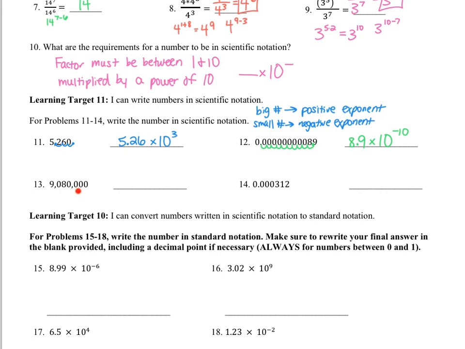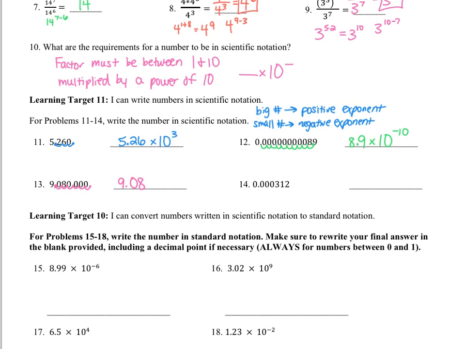Number 13 is another big number. So we're going to take that decimal and actually divide by 10 to get it between 1 and 10. Again, it's all the way to the right since it's a whole number. 1, 2, 3, 4, 5, 6. So I moved it 6 times. And again, I need the 0 and the 8 because the 8's non-zero.